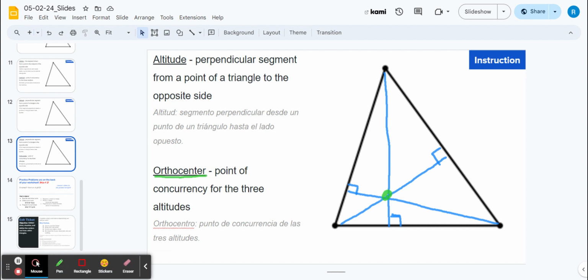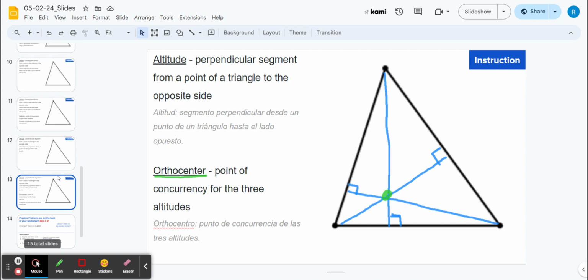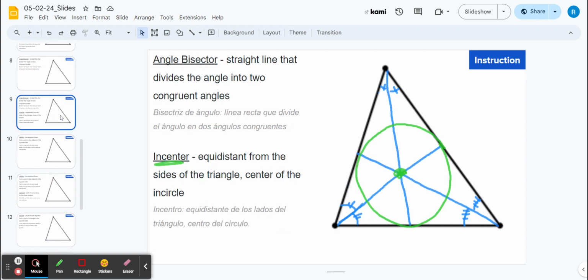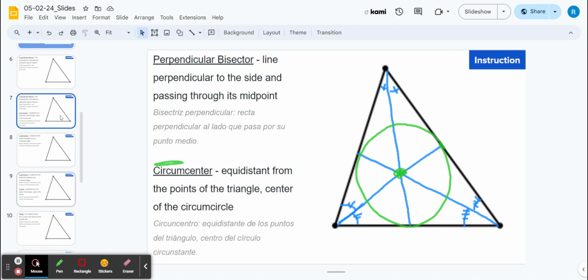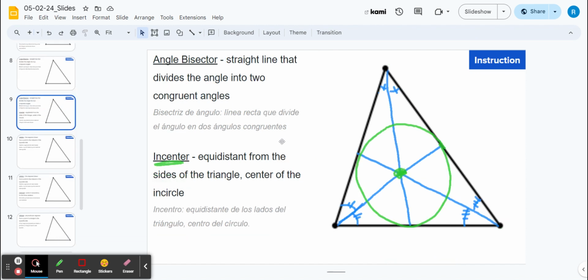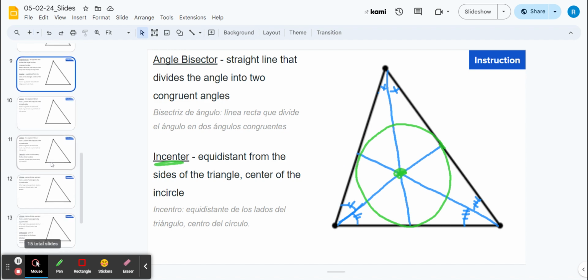And again, if we look back, all four of these point to different things within our triangle. The circumcenter, remember, is tied to that outside circle, the circumcircle that goes around, it circumvents the triangle. The incenter corresponds to that inner circle that touches all sides of our triangle.